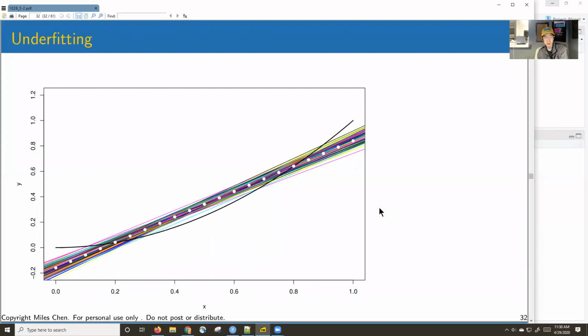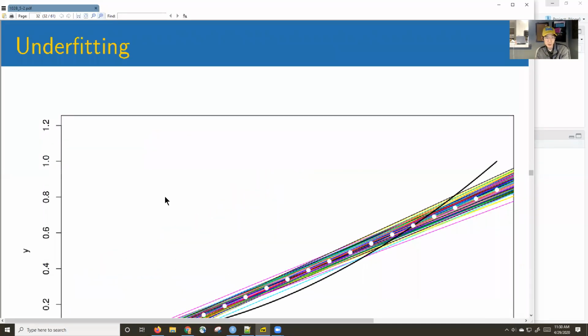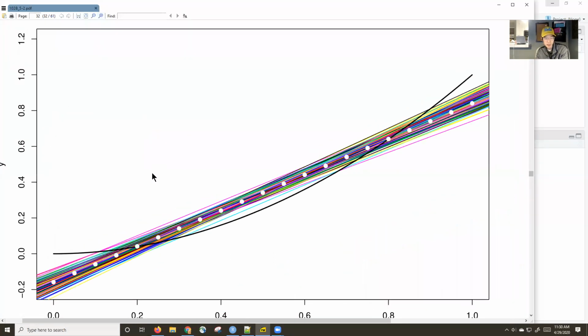So here is what happens if I fit a bunch of linear models. Let's explore this. This black line represents the true quadratic relationship. What I've done is generate 100 different random samples of data centered at the true relationship.